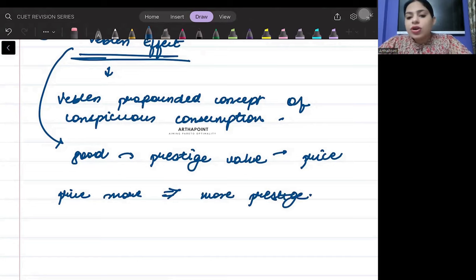So the good has a prestige value and prestige is linked to price. The more the price of the good, the more is the prestige associated with that good.